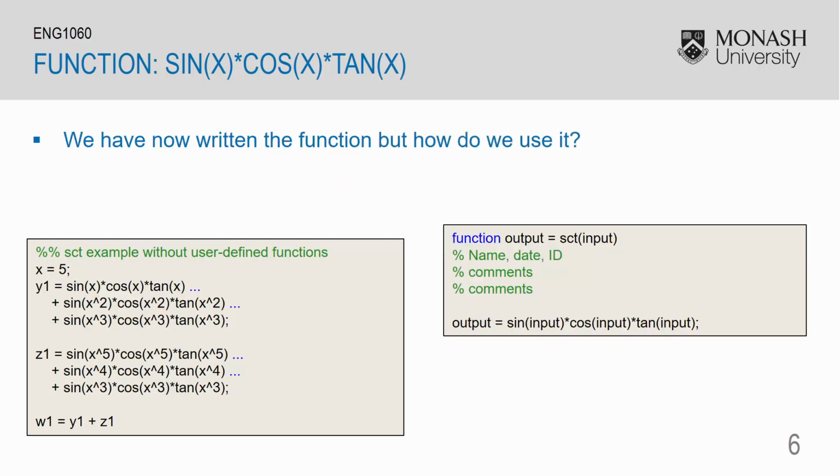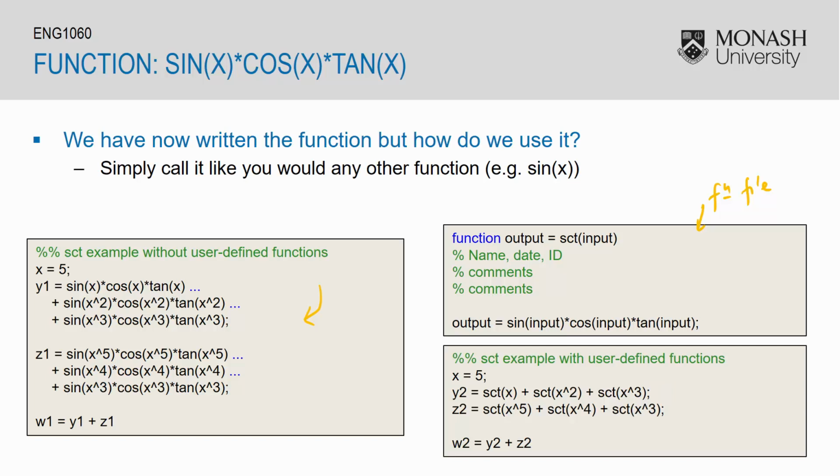So now that we've written our function file, how do we use it? Recall we have the problem here without function files. This here is our function file. And to call it, we would simply use it as we would any other function, for example, sine of x.